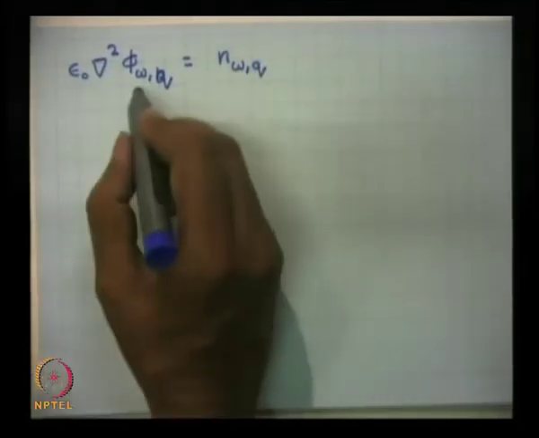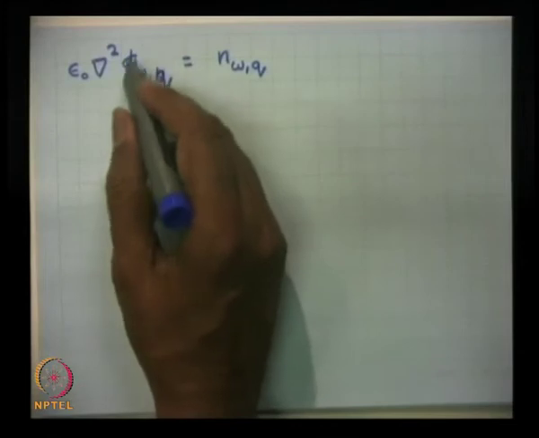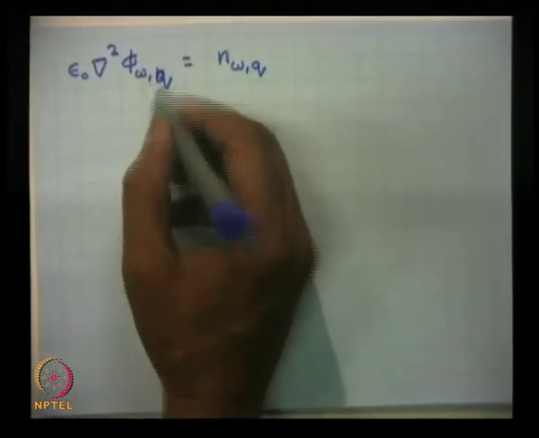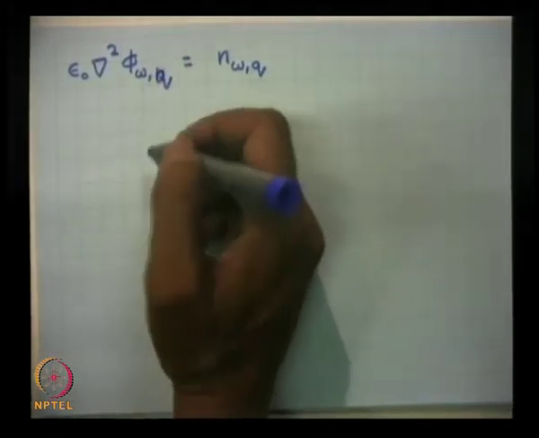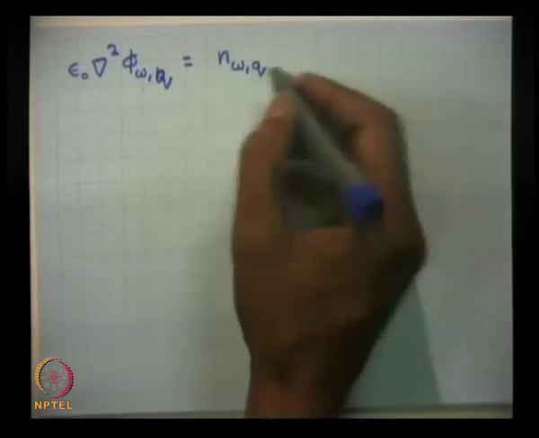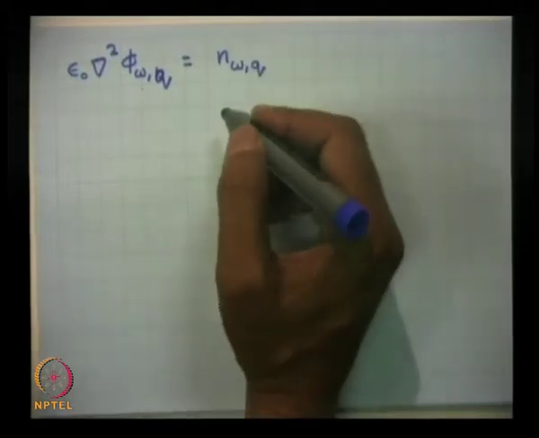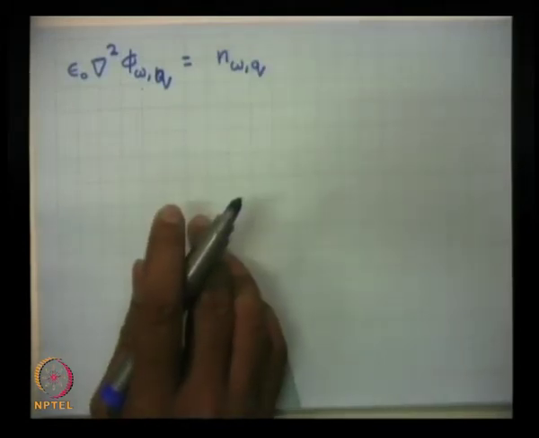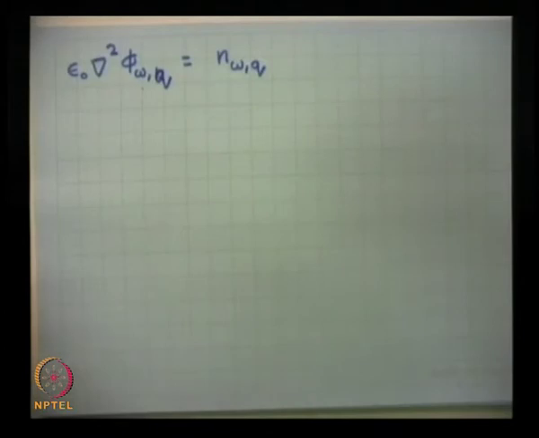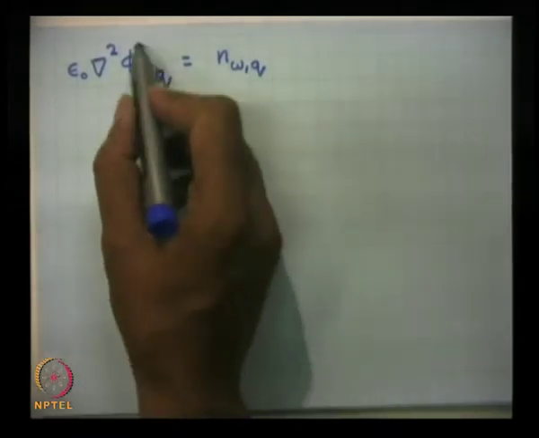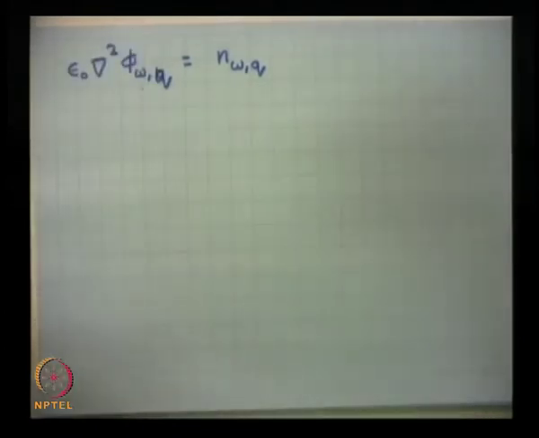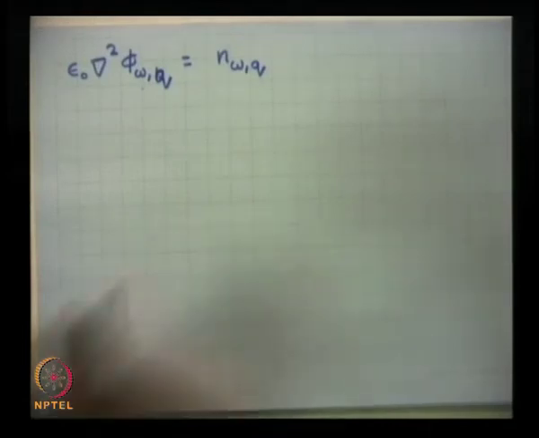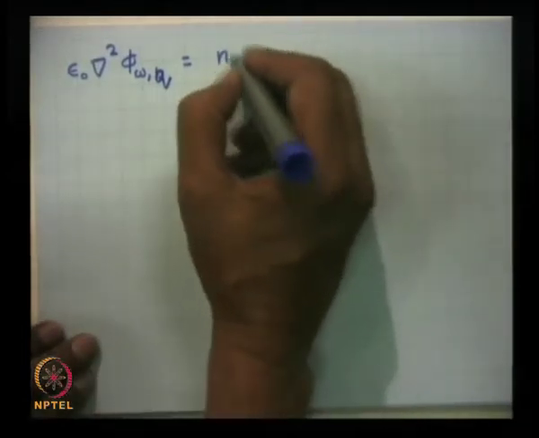Now, whenever you are producing a potential perturbation at omega frequency and q wave vector, this will also produce a density perturbation. Please note that the density perturbation n omega q nonlinear is caused by the electric field that you have applied externally, but this is the potential of the quasi field that is generated inside. This will also produce a density perturbation.